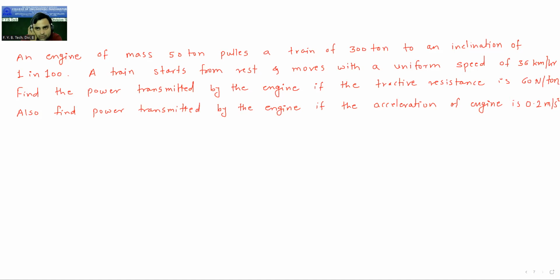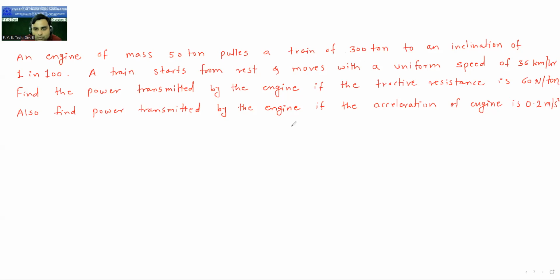So what is given now? Here, an engine of mass 50 ton pulls a train of 300 ton. The mass किती घ्यायचं मग? Totally 350 because engine is pulling the train. Train means मागचे जे bogies आहेत, बट इंजिन इज हॅव्हिंग ऑल्सो सेल्फ वेट, म्हणजे स्वतःचा पण वेट आहे ना, त्याला ते पण ओढून पुढे घेऊन जावं लागणार. ओके, सो द टोटल मास इज 350 टन.